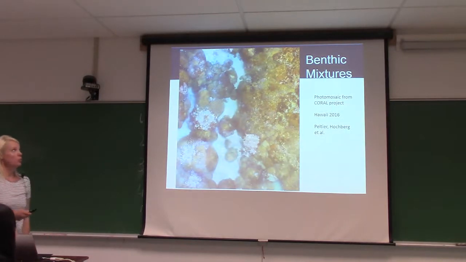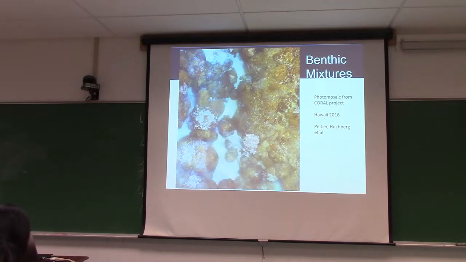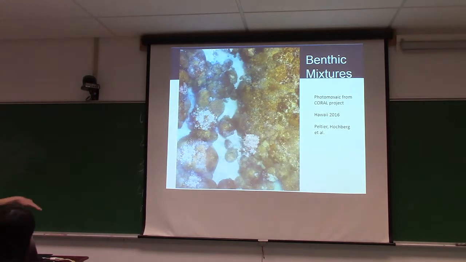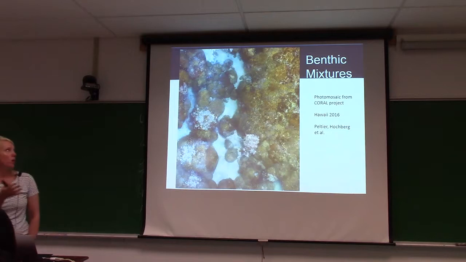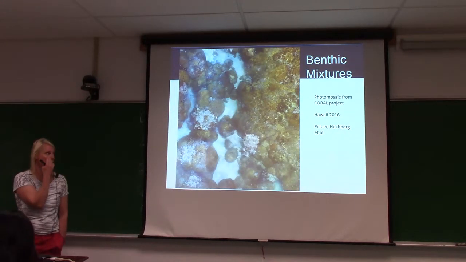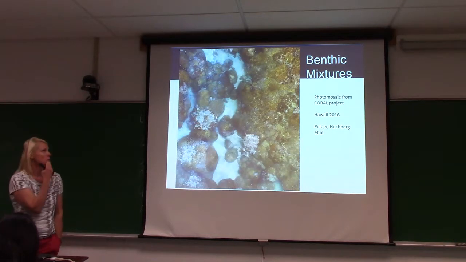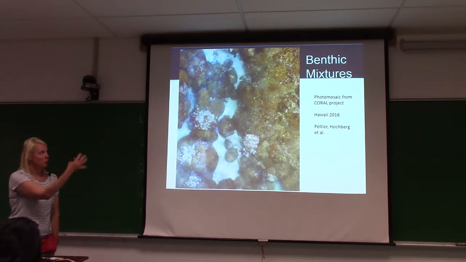But you know, we're starting to look at these scales of things and how you would categorize. This isn't so simple, right? There's a lot of different types of corals, mixtures, sediment, sand. So this is one of the future areas: how do we represent healthy corals, bleached corals, communities?